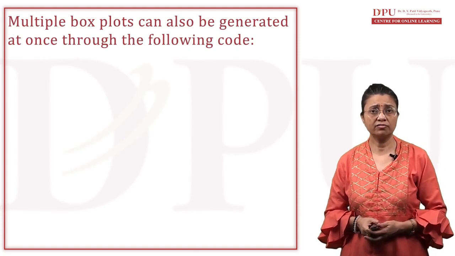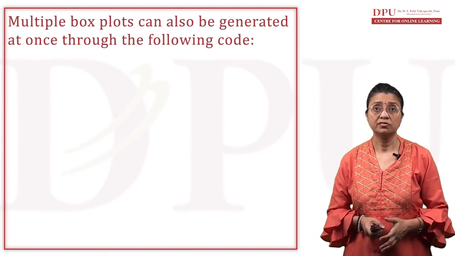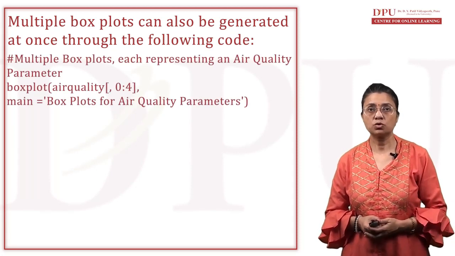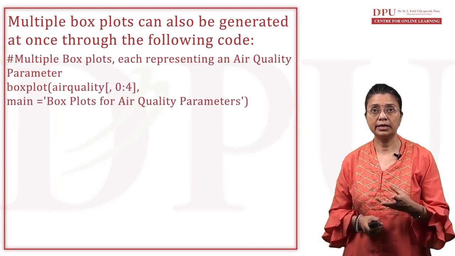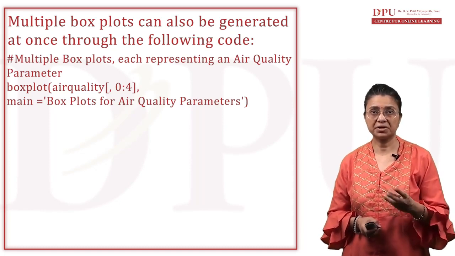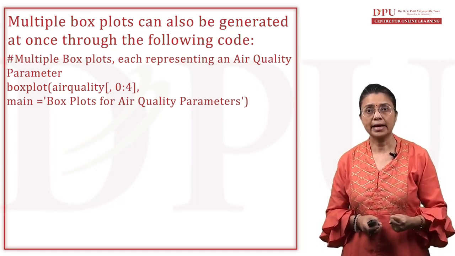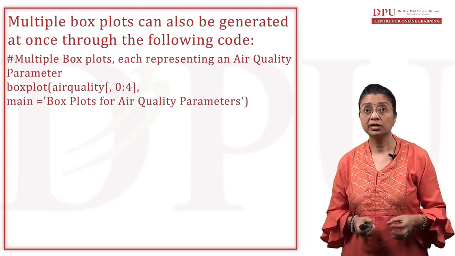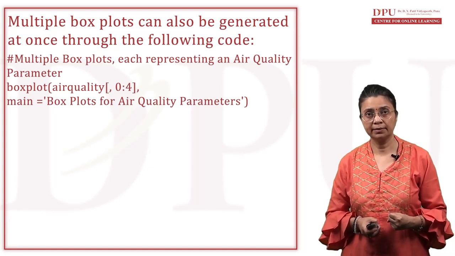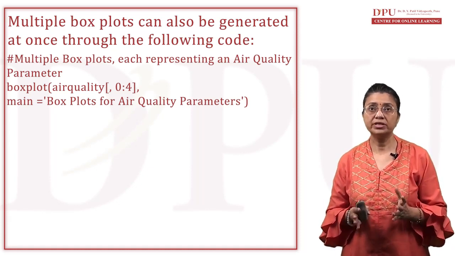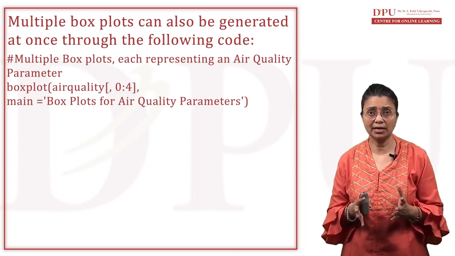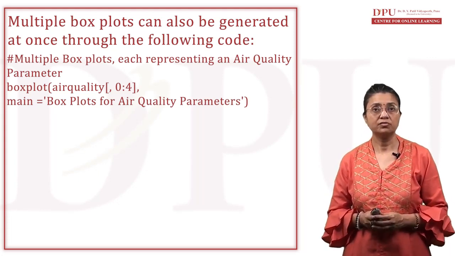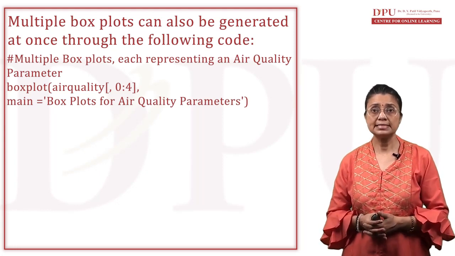Now let's plot multiple box plots, which can also be generated at once through some code. Here I am creating multiple box plots where each is representing an air quality parameter. I have called the function box plot where I'm passing air quality as my file, and within the air quality I have passed all the rows and columns from 0 to 4, which means all the columns are being selected.